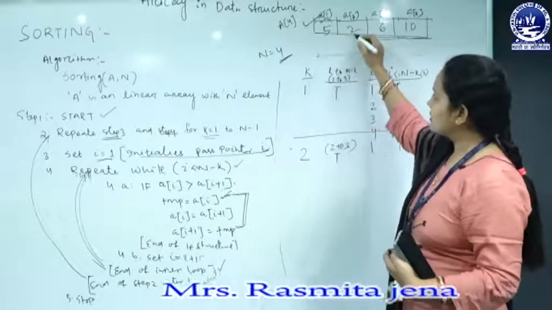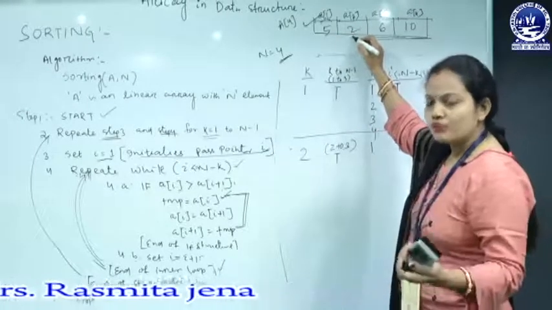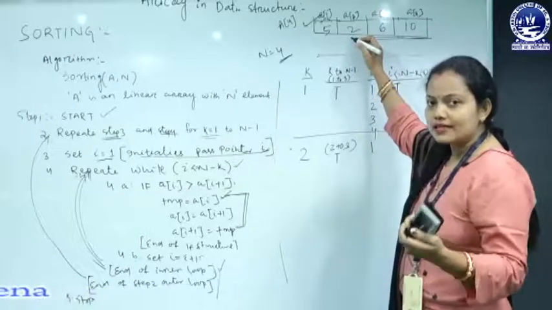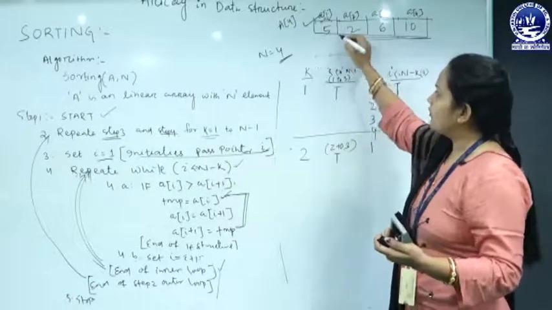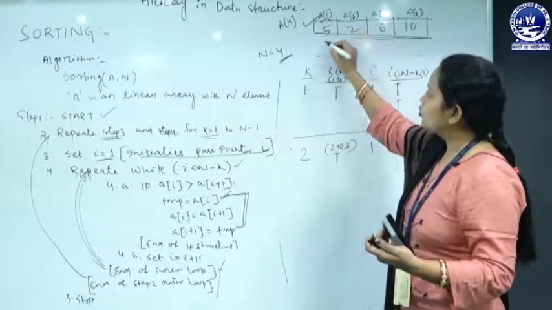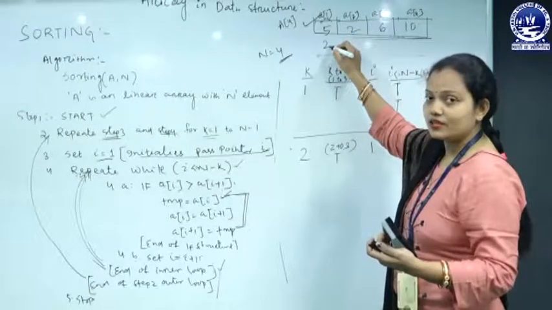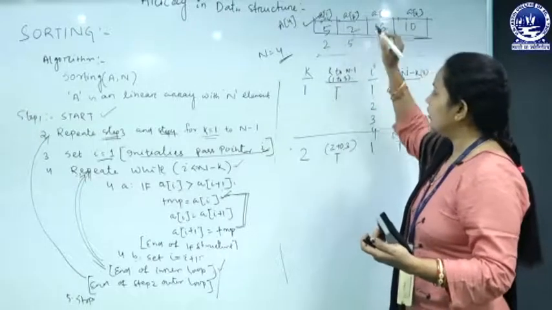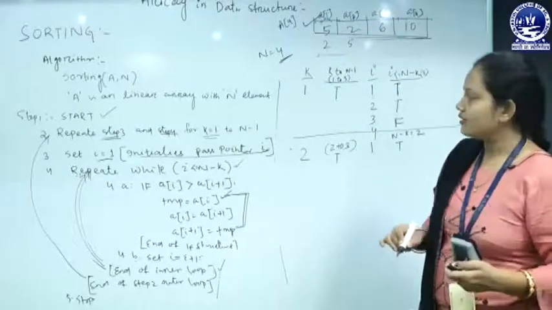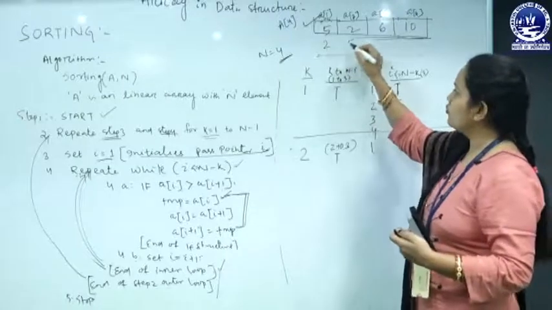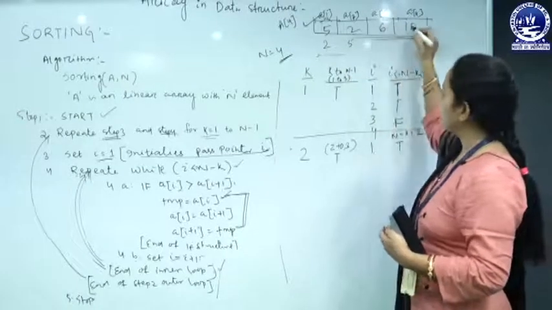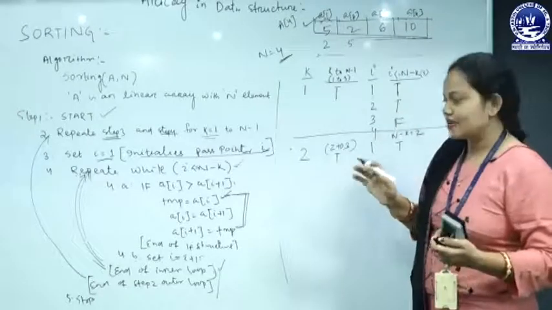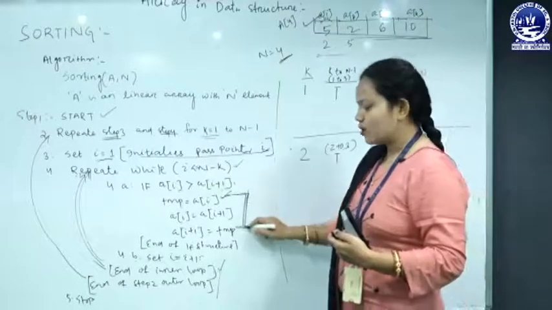As 5 is greater than 2, we will execute the swap, or we will interchange these two. When we interchange, 2 becomes in the first place of the array A and 5 becomes in the 2 index location. So this became 2, 5, and the remaining elements are in the same place.